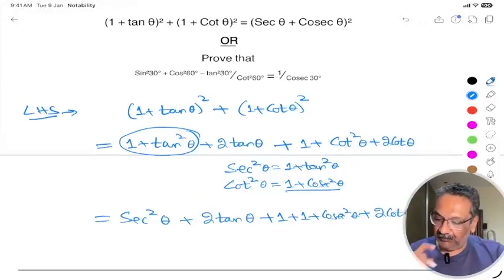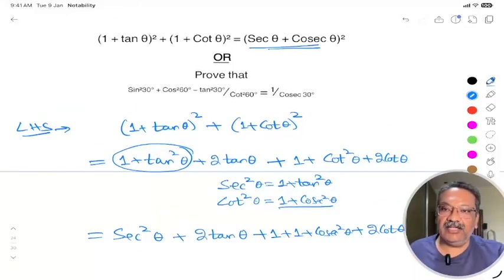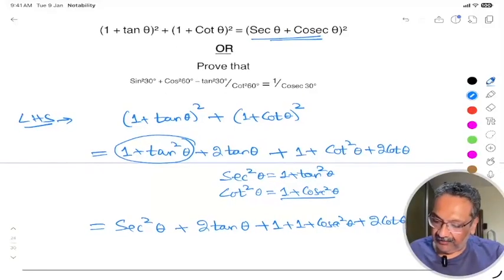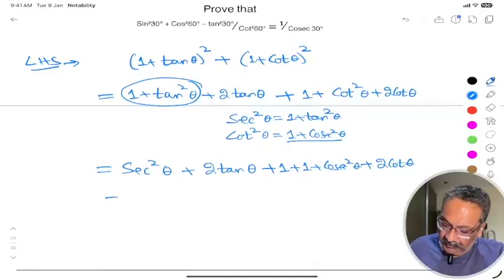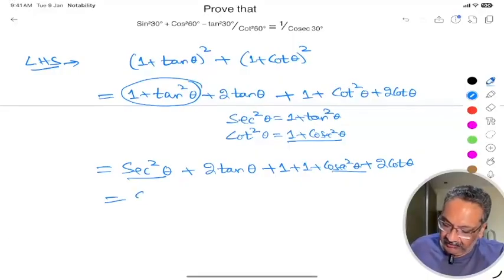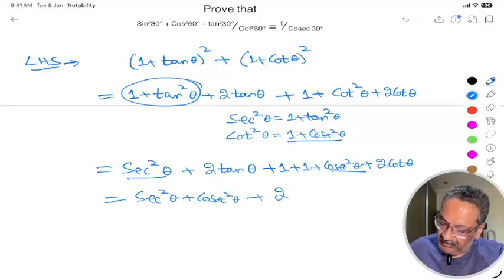What I am trying to do is bring it to secant and cosecant, because in the RHS there are secant and cosecant. So secant square and cosecant square I will bring here.